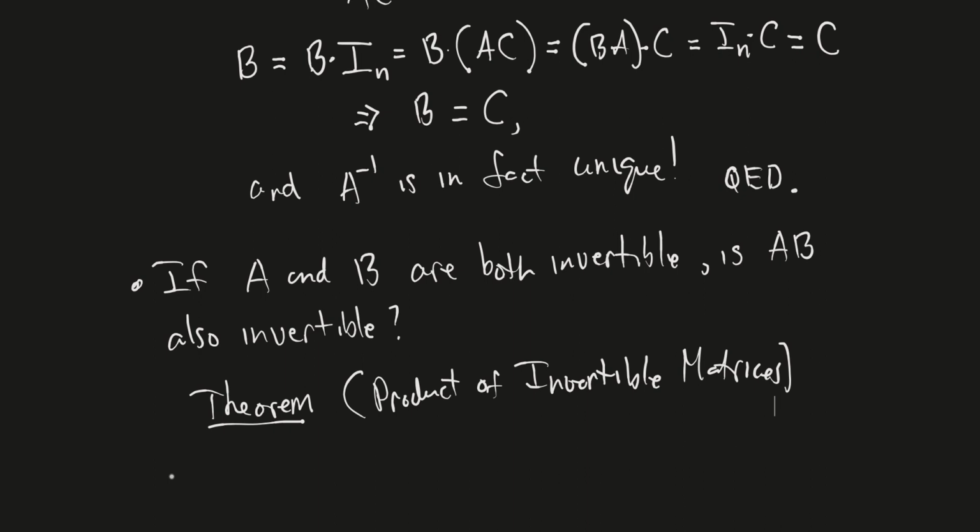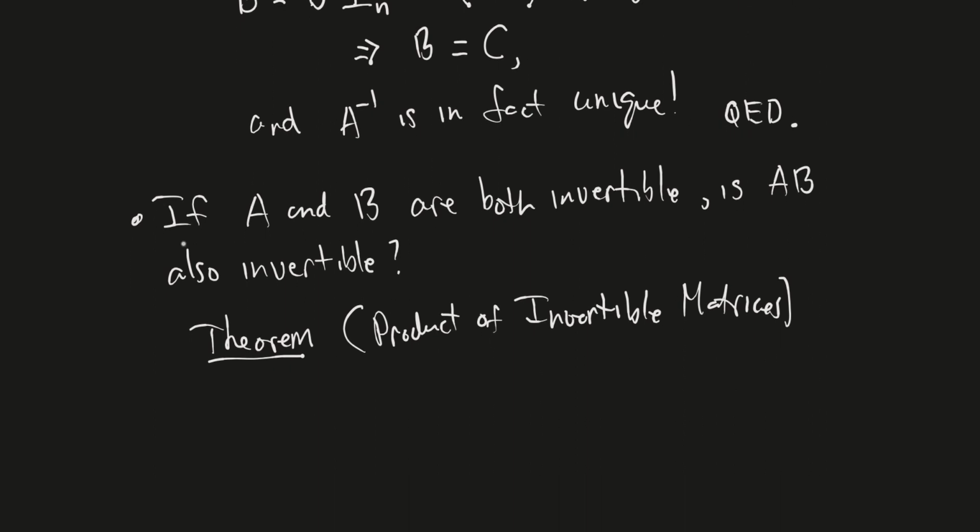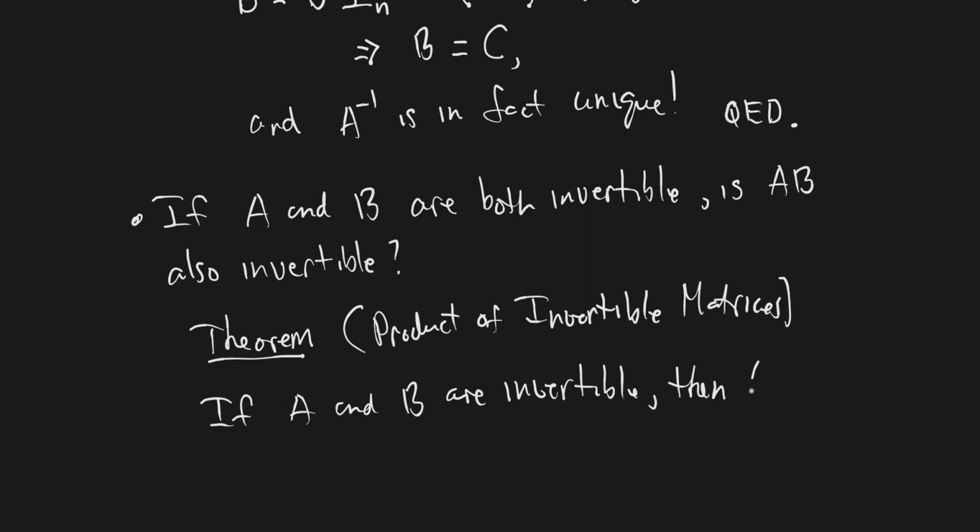Notice how this theorem starts. The hypothesis here is that both of these are invertible. So if A and B are invertible, then AB is invertible.